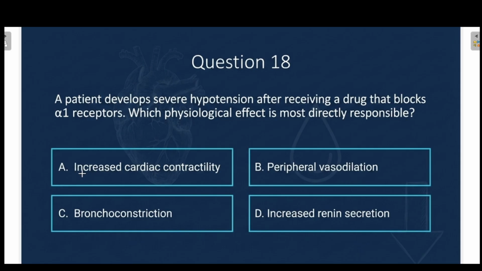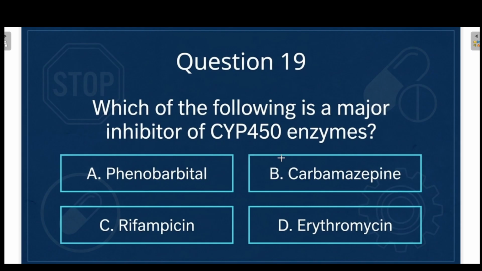Options are: option A increased cardiac contractility; option B peripheral vasodilation; option C bronchoconstriction; option D increased renin secretion. So the correct option is option B, peripheral vasodilation.